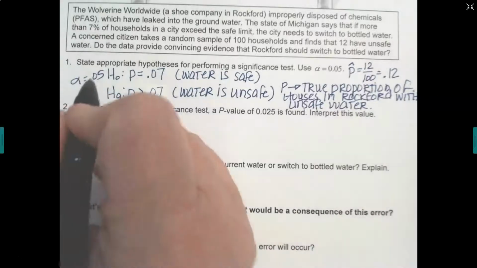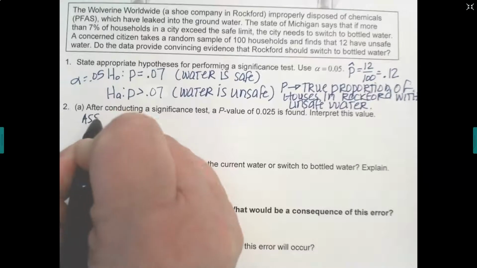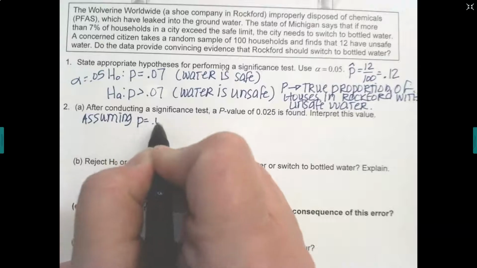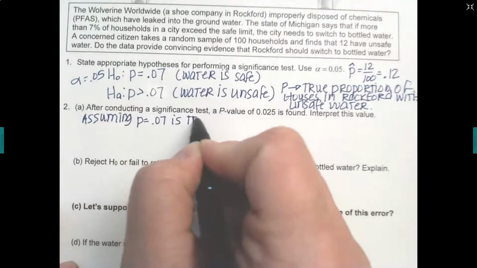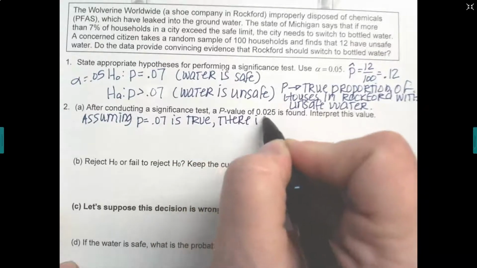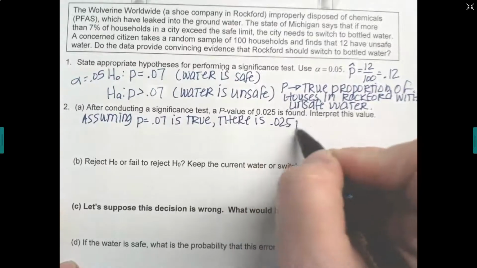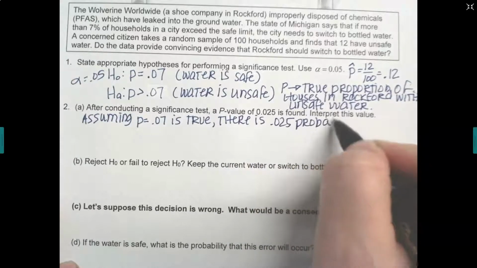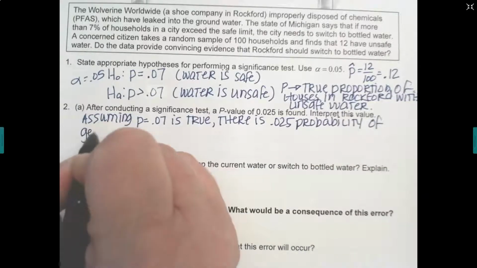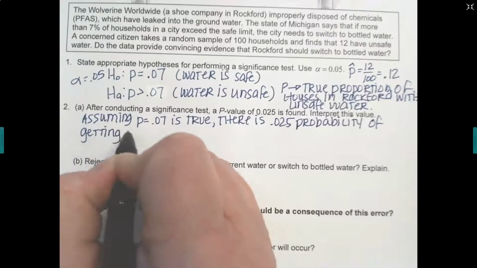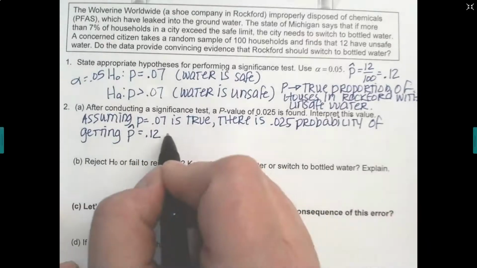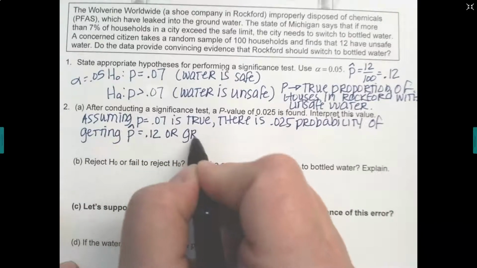Assuming the null is true, so assuming p equals 0.07 is true, there is a 0.025 probability of getting a p-hat equal to 0.12 or greater purely by chance.